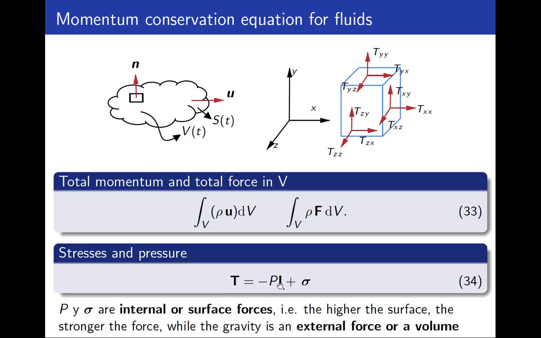Also, I want to say that the pressure is always associated with the normal stresses, that means the components of the total stress tensor with equal indices. So the pressure will contribute to this quantity, but also to this quantity and to this quantity. That's why the identity tensor appears here.